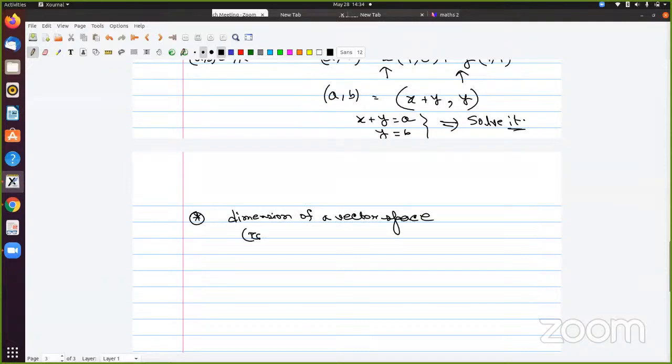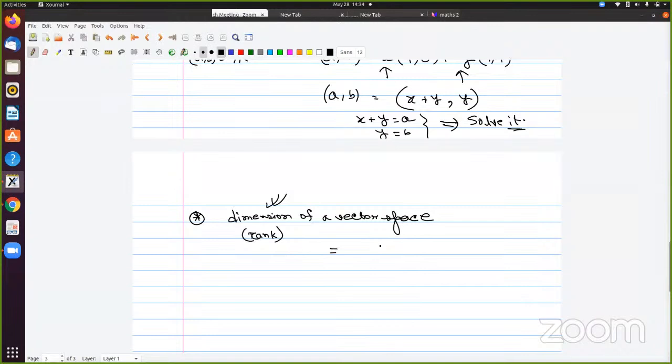Sometimes it is called the rank of a vector space. That is not the rank of a matrix. Those two are completely different things. So it's always better to use the word dimension here, not rank, so that we are not confused.